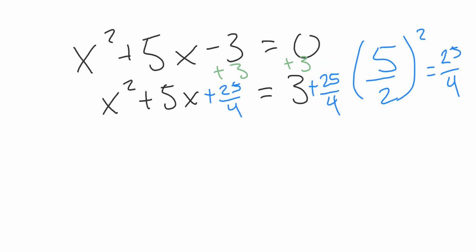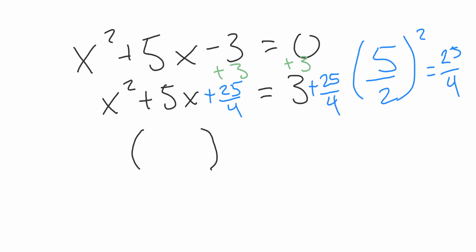Okay. Now we're going to factor this stuff on the left-hand side, and you might think, oh my God, I can't factor this with this fraction as our constant term.